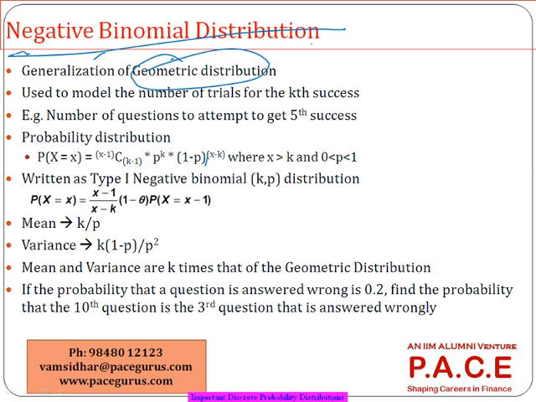So in some x attempts, let's say the xth trial is my kth success. Then what should have been the scenario? In x minus 1 trials, I would definitely have k minus 1 successes only.